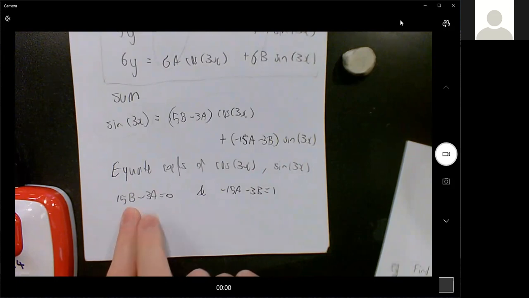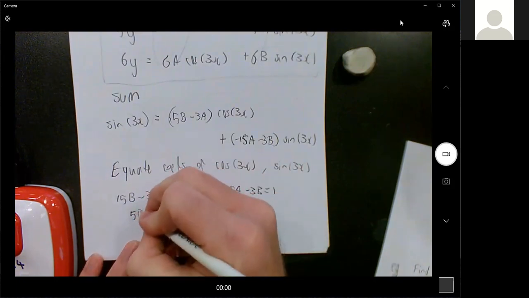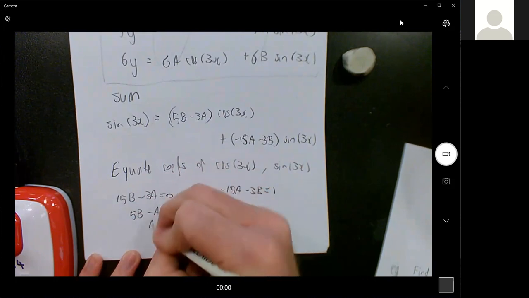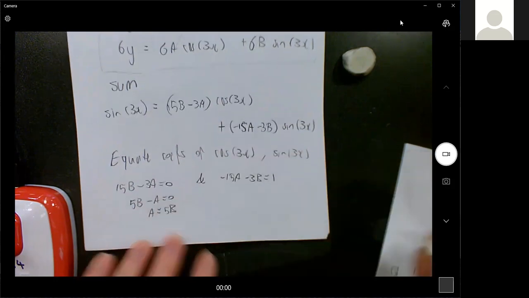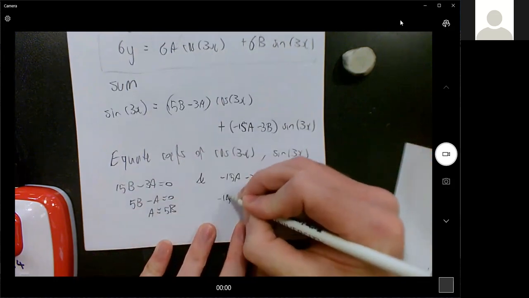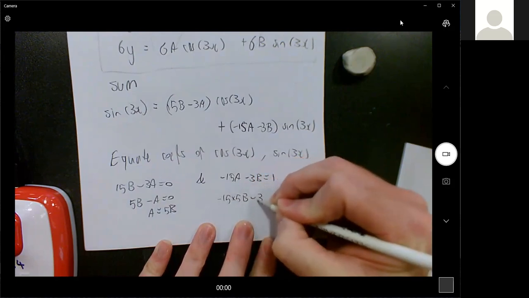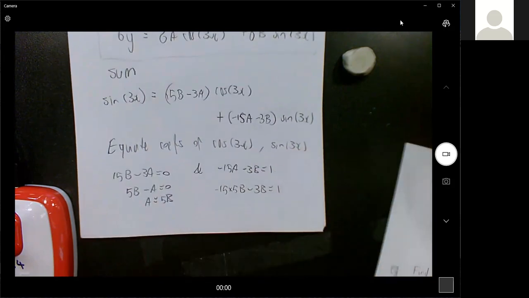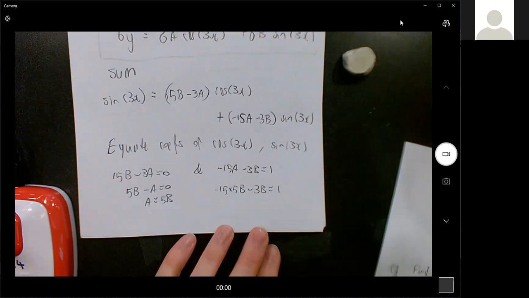Actually, I'm really lucky. A is equal to 5b, and if a is equal to 5b, I've got 15 times 5b minus 3b is 1. Wow.